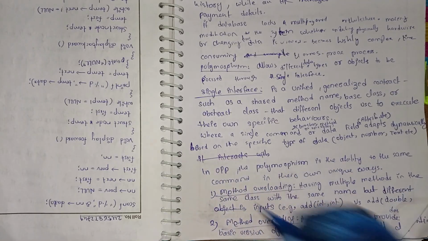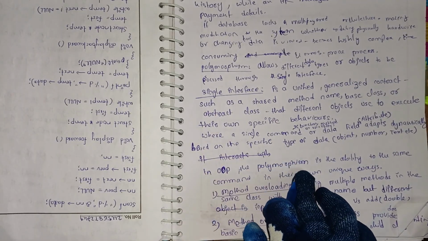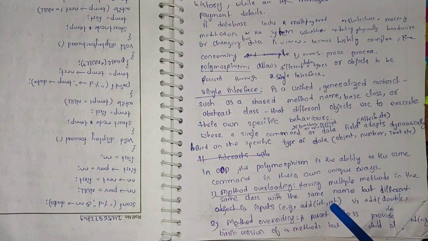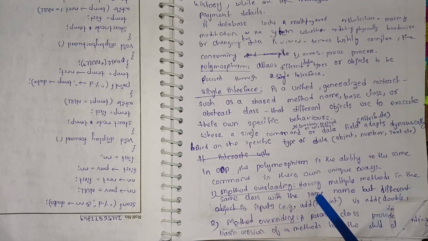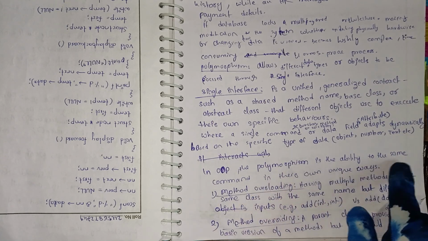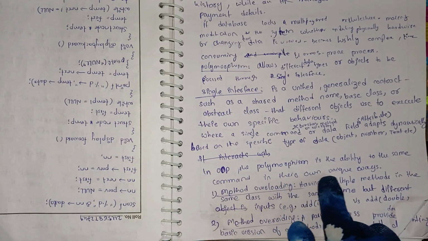And then in object oriented programming, the polymorphism in the DBMS I have defined here, and in the object oriented programming language I have defined here. So polymorphism is the ability to execute the same command in their own unique ways.